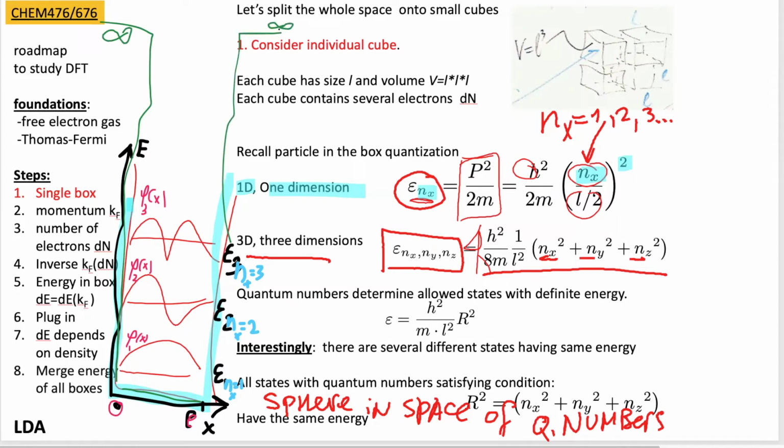So outside there is no probability for it to exist, and inside the electron can exist in several quantum states. In the language of our course, in orbitals, and each orbital has its eigenenergy.